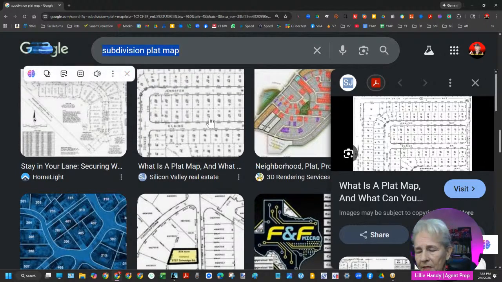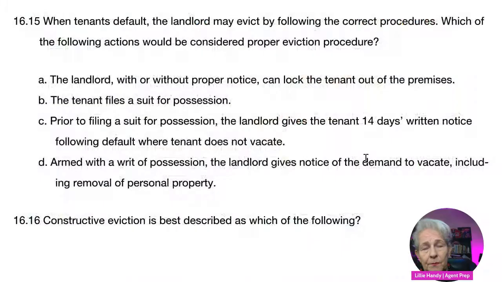Oh, let's see what the answer here says. With notice, the landlord may lock out a tenant. Further, to evict a defaulting tenant, the landlord files a suit for possession, obtains a writ of possession from the justice court, and gives the tenant the required notice to vacate voluntarily.